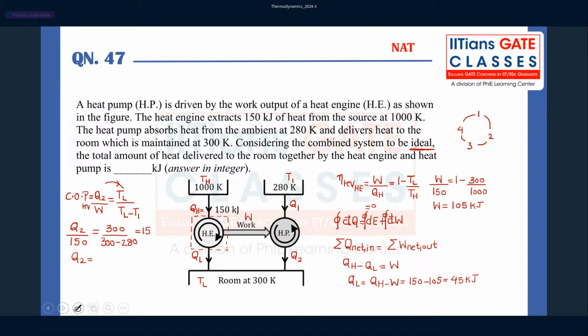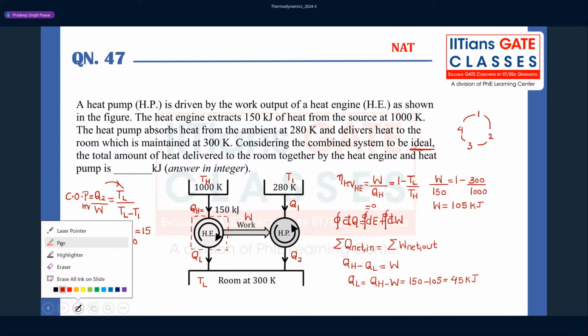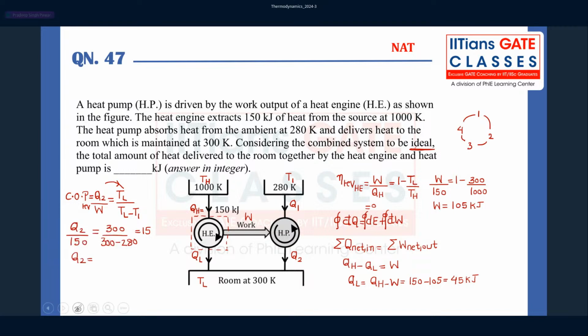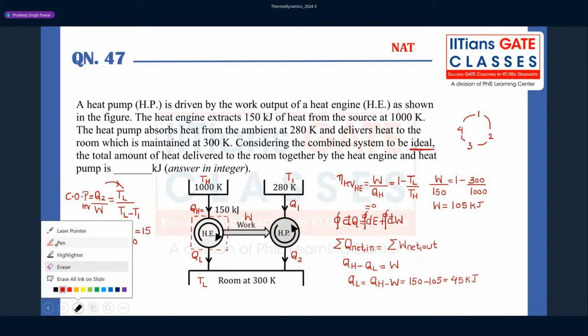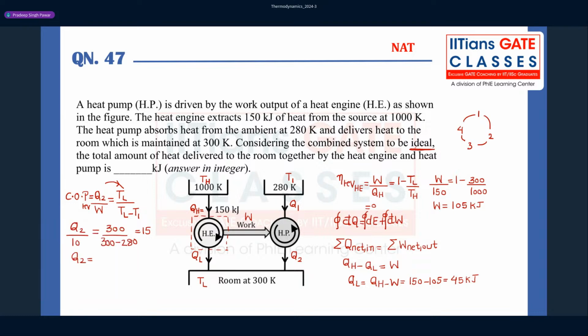Sorry, just one mistake I have made here. This is not 150. The work is 105. So this is 105 into 15. Let's calculate this: 105 into 15 is 1575 kilojoule.